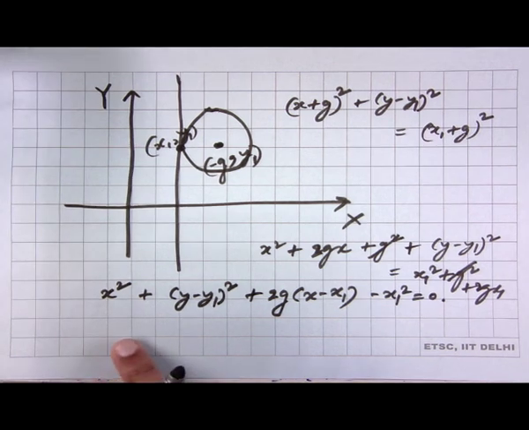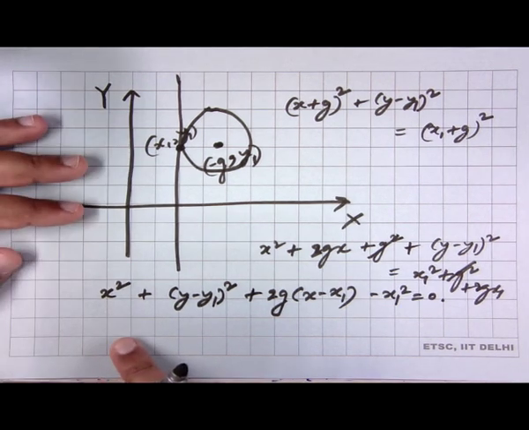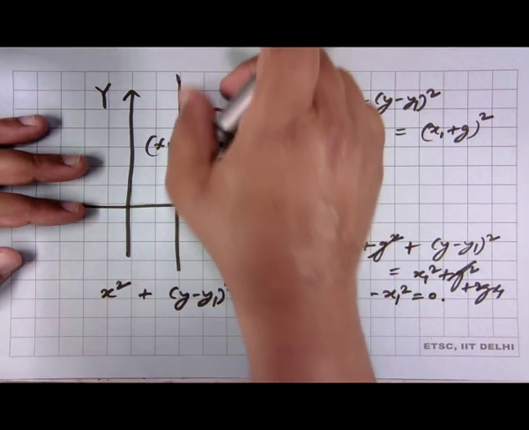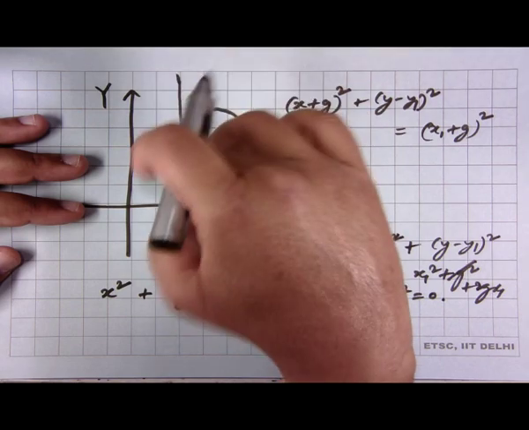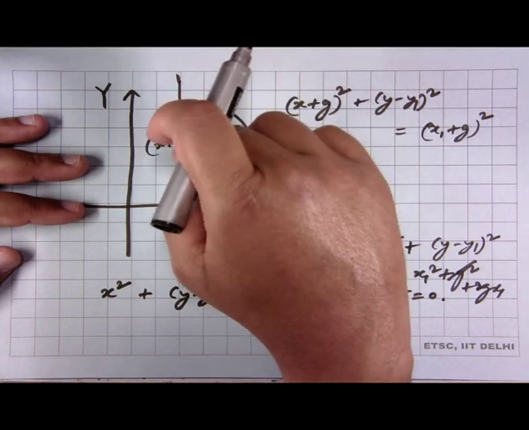So, this is going to be the equation of all those circles which touch this line parallel to the y axis at the point x1, y1.